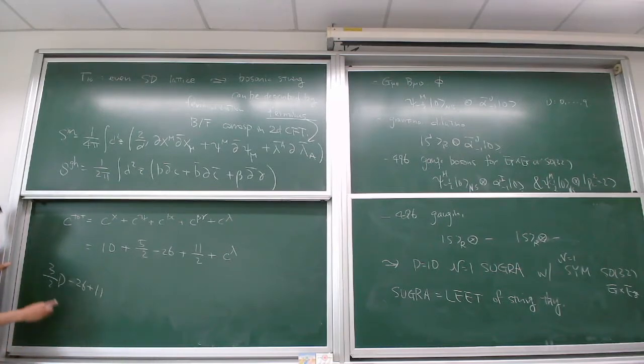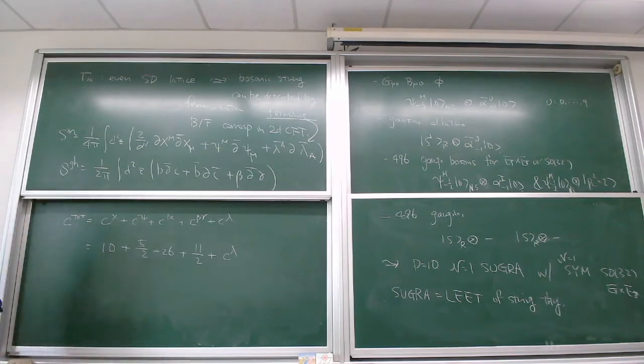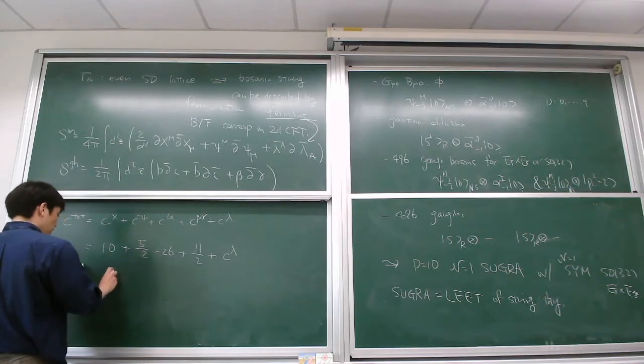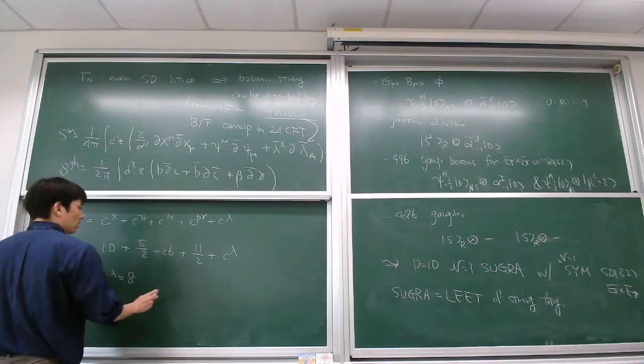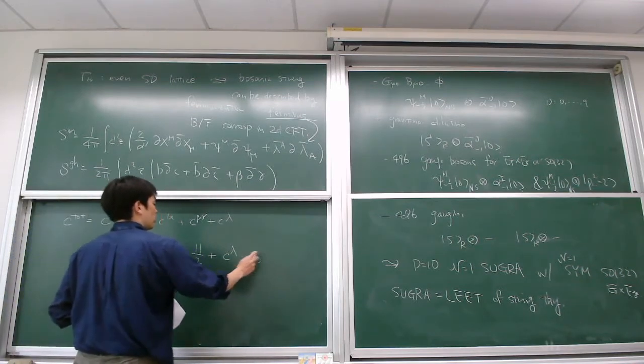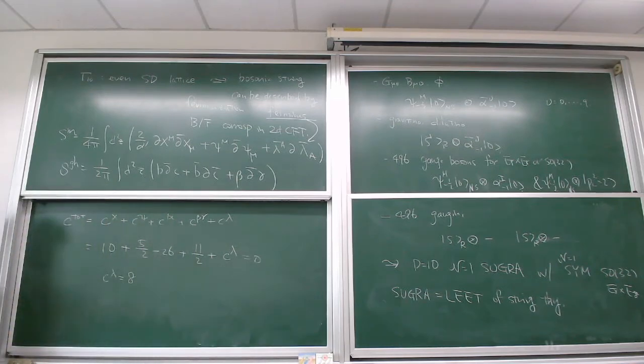So this is the type I case, with D equal to 10. And then C lambda should be, in this case, 8, in order for the total central charge to be 0. Okay, so then the theory is anomaly free.